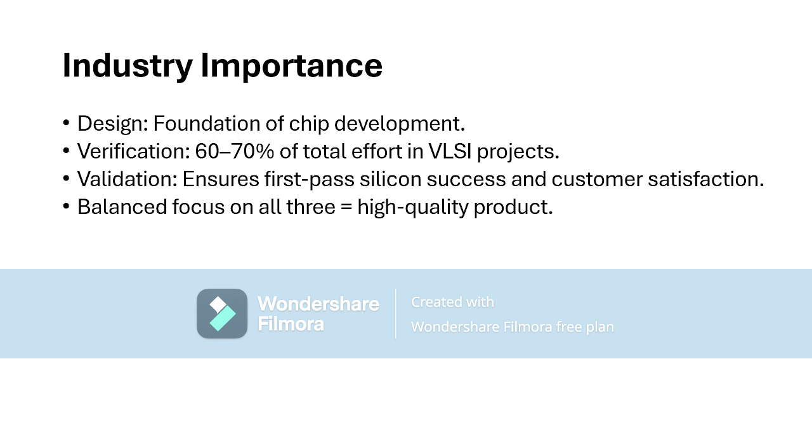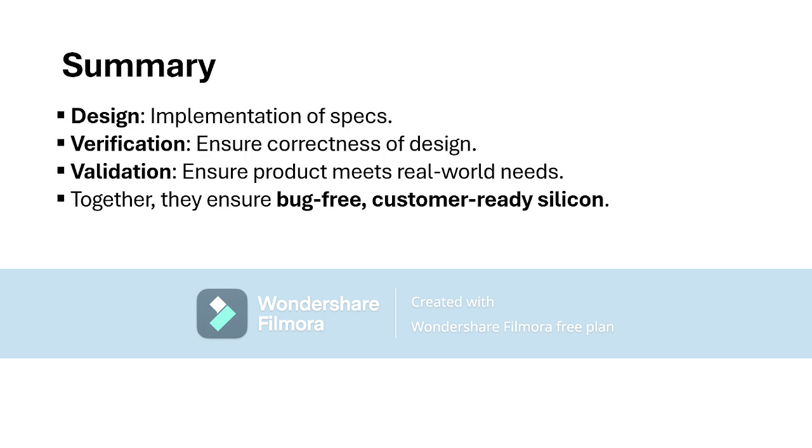Even if the code and the hardware work perfectly, if it is found hard to control, it fails validation. Simply we can say design comes first, verification checks whether you built it correctly or not, and validation checks whether the user is able to get the right product or not.